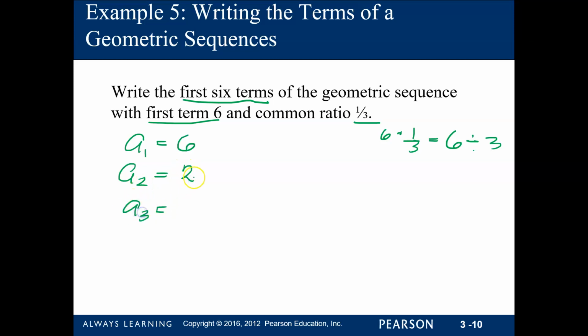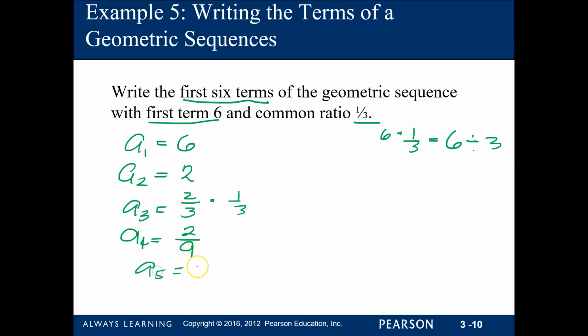The third term, 2 divided by 3, we'll leave it as it is, 2/3. Then the fourth term, 2/3 divided by 3, or multiplied by 1/3, gives 2/9.